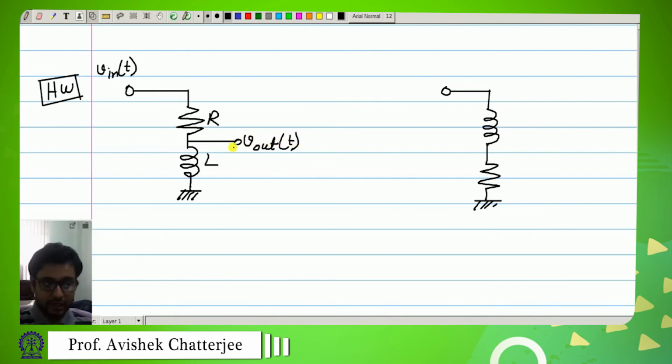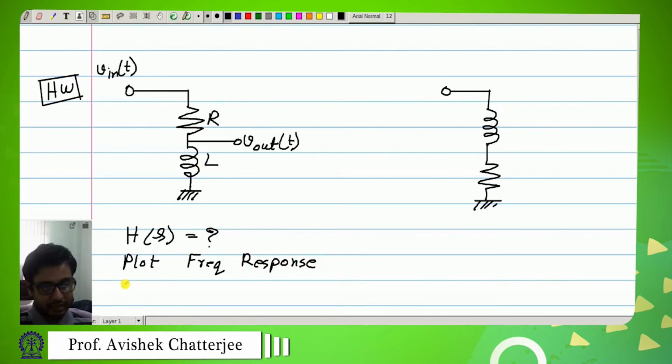Okay, the task is again the same. Find H(s), plot the frequency response, and show that this is a low pass filter.